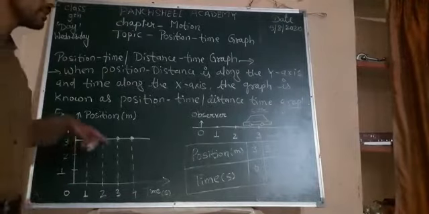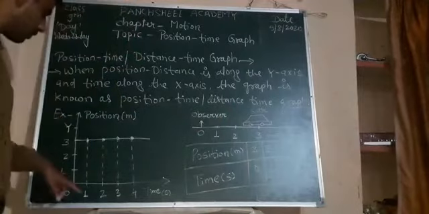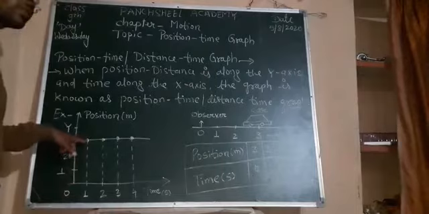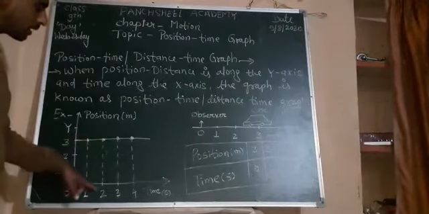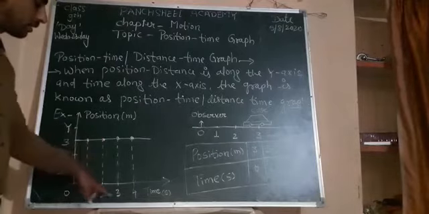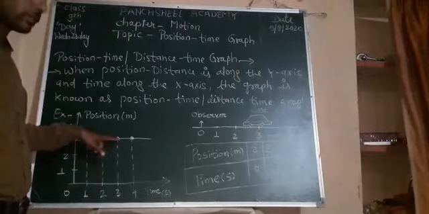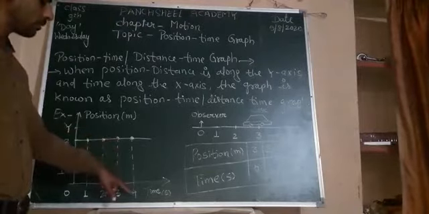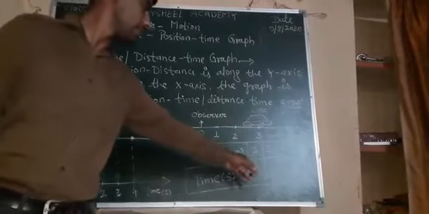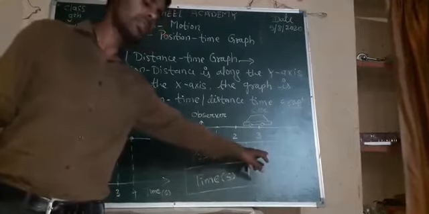If time is increased, at t equal to 1 second the position is also 3 meter. Now time increases further but the position is also 3 meter. At 3 second the position is the same, and at 4 second the position is also the same. Let's see from the table, 0 to 3. If time is 1 second then position is the same.